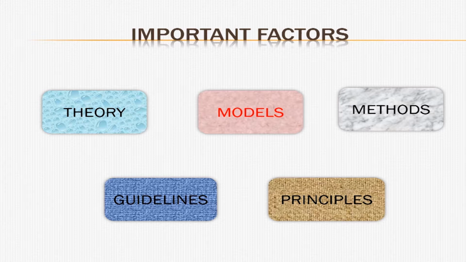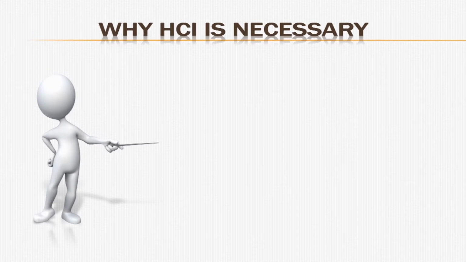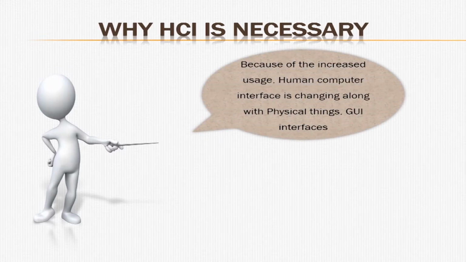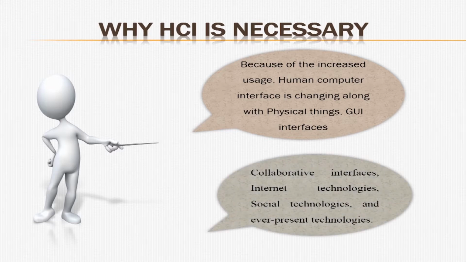Let's try to understand why it's important to gain a better understanding of human-computer interface. Due to the increased usage of computers in every aspect of life today, human-computer interface is changing along with the physical things and graphical user interfaces, collaborative interfaces, internet technologies, as well as social technologies.